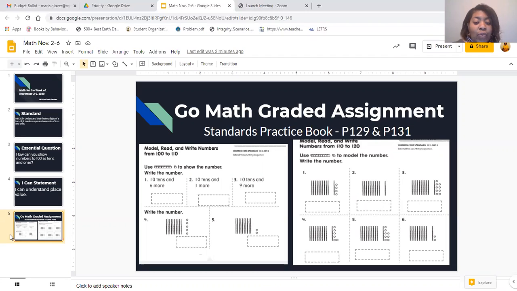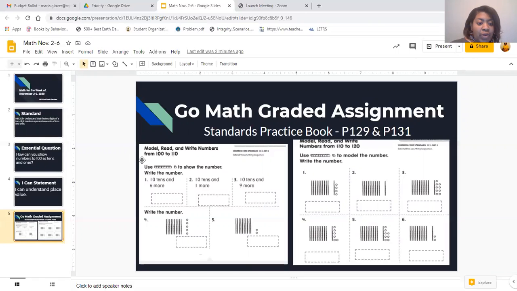This assignment is in Schoology and it has been snipped only to outline certain parts of the assignment. So we have numbers 1 through 5 coming from page P129 and numbers 1 through 6 coming from P131.